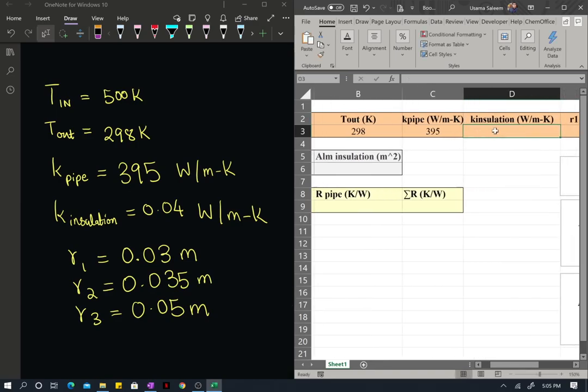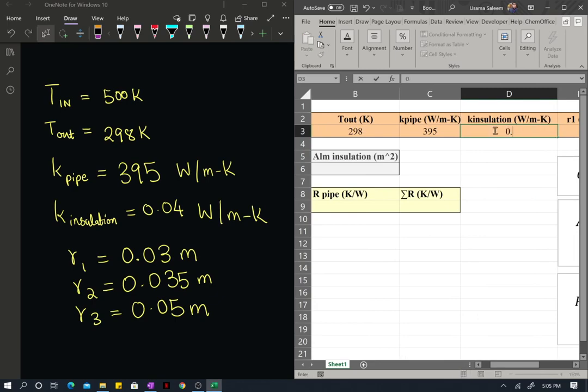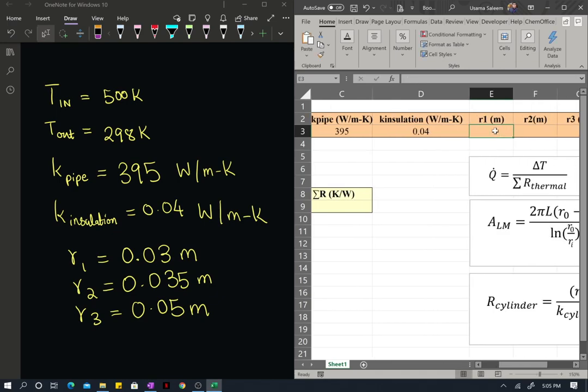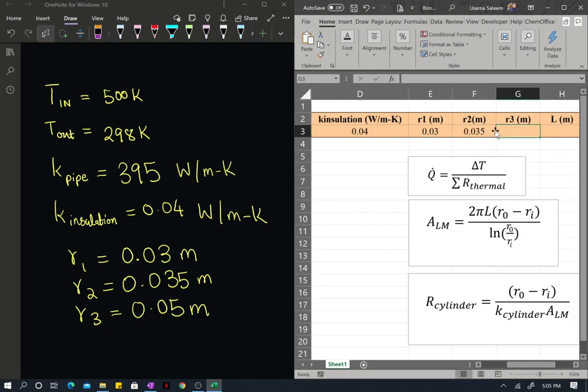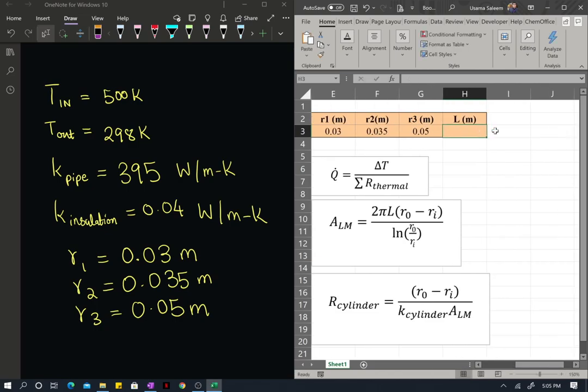All right, the thermal conductivity of the insulation. Of course, we want the thermal conductivity of the insulation to be small because that's the idea behind insulation, right? So our inner radius of the pipe, outer radius of the pipe, and finally R3 is going to be the outer radius of the insulation, 0.05, and the axial length that I'm going to select is 50 meters.